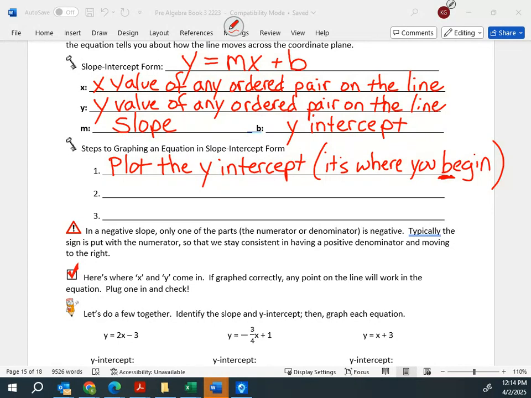Then step number 2, you're going to use the slope to get a second point.